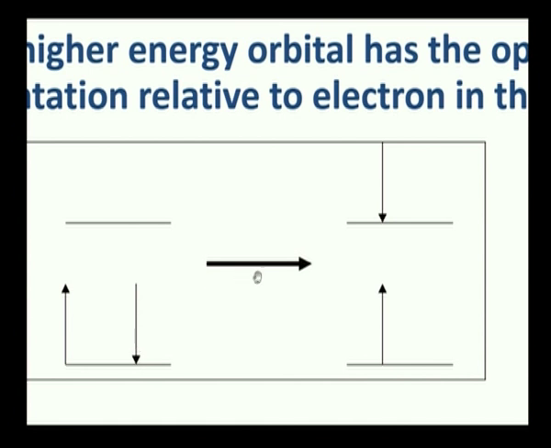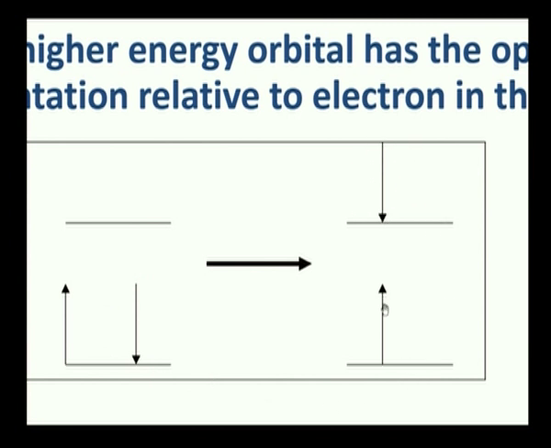When this absorbs energy and gets excited, the electron in the lower energy level still has plus half, whereas the minus half spin of the other electron is retained in the excited level.